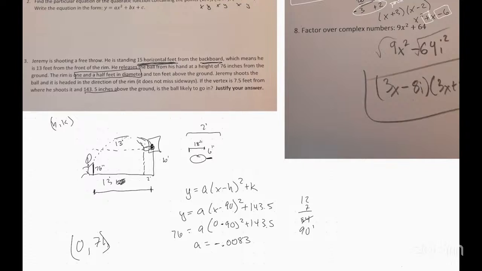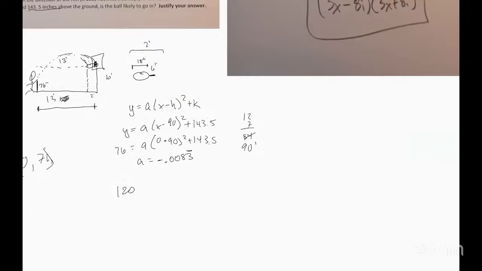So that's a. Now we're trying to figure out at what point it reaches 10 feet, or 120 inches. So now we plug in 120 for y. Keep that a right there. So it's 120 equals a times x minus 90 squared plus 143.5. So solve that equation now.